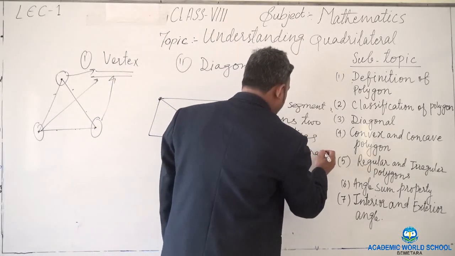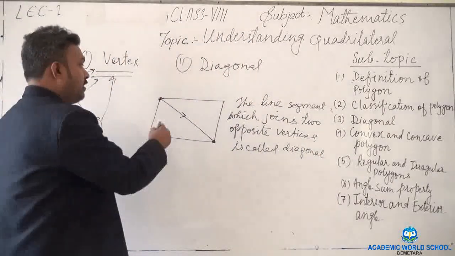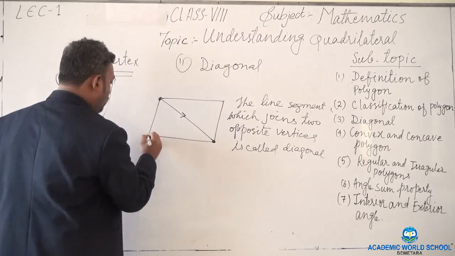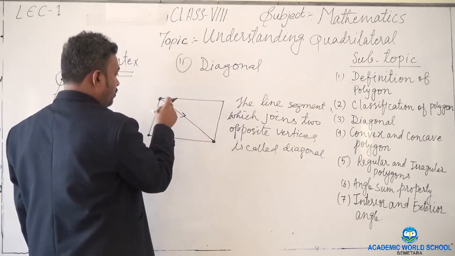Diagonal, right? The line segment which joins two opposite vertices, like now see, these are the two opposite vertices, so we have joined them by a line. So this is a diagonal.